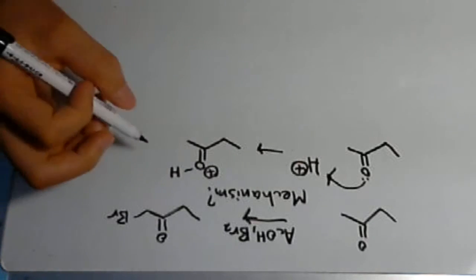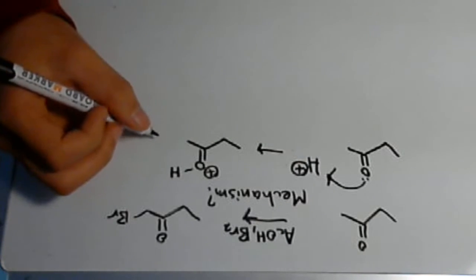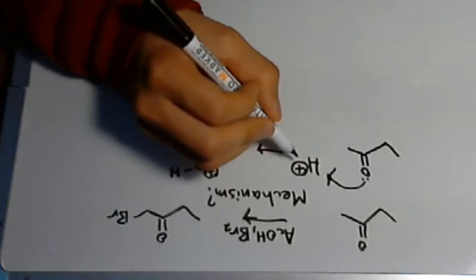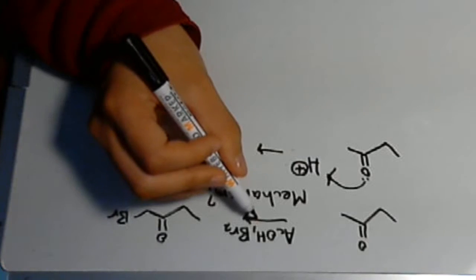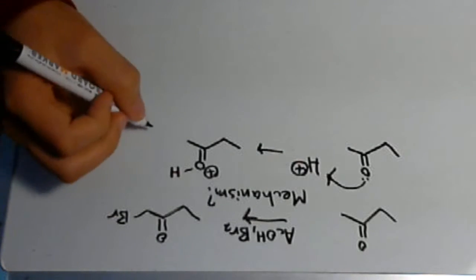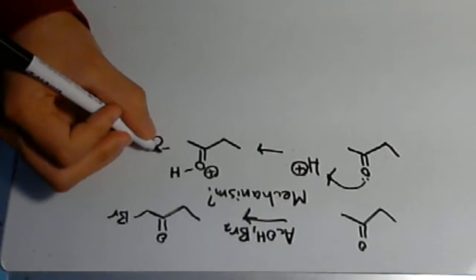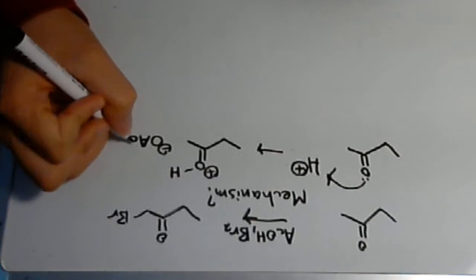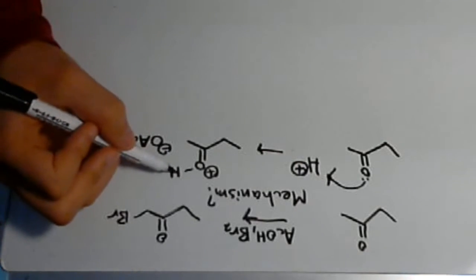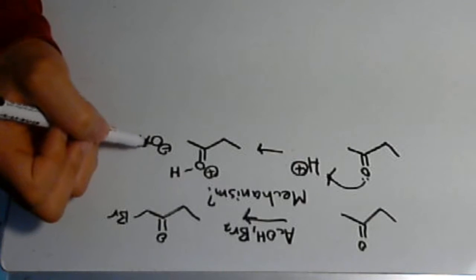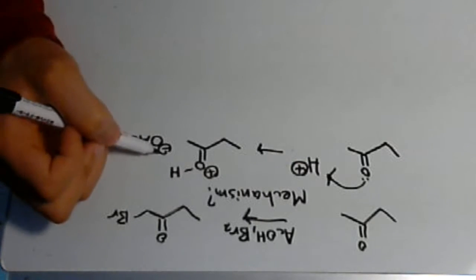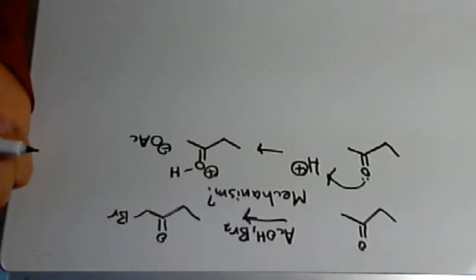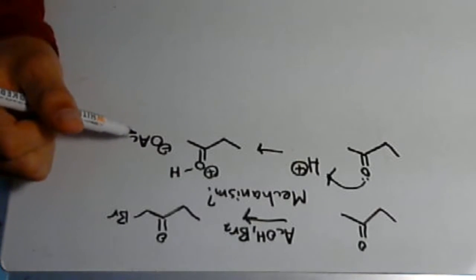Next, what do we have now? Well, we just took the proton off AcOH, so now we have AcO minus. Right. We could take off this proton here. Well, first this OAc minus is going to act as a base, because it's not a very good nucleophile.